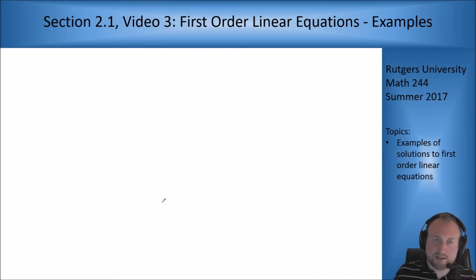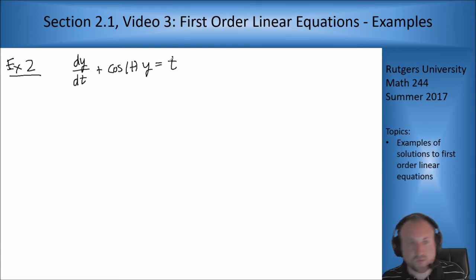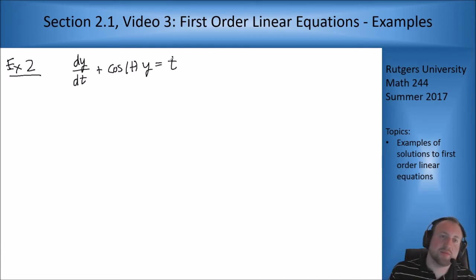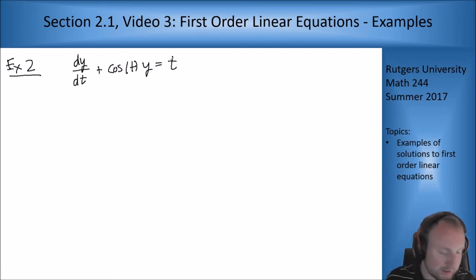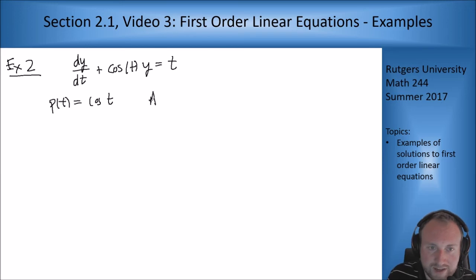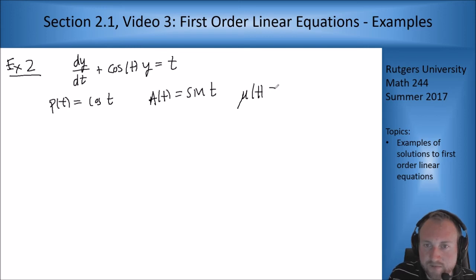All right, second example. So here's our second example: dy dt plus cosine of t times y equals t. Now, we can use the same trick as before. Our p of t is cosine of t. So its antiderivative is sine of t. And so our integrating factor is e to the sine of t.